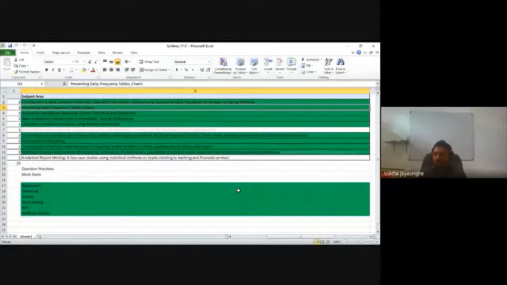For instance, if you take something like A-level marks of a particular batch of students, sometimes you may not see a nice normal distribution, rather a different one. So probably in area number 3, we will be discussing those subject areas very deeply.